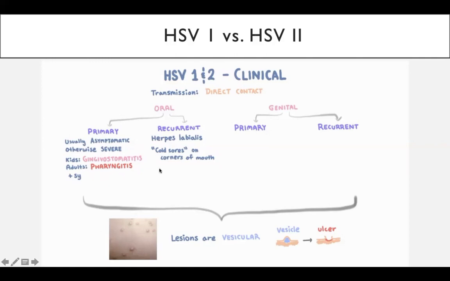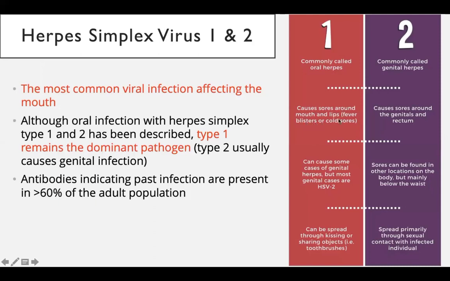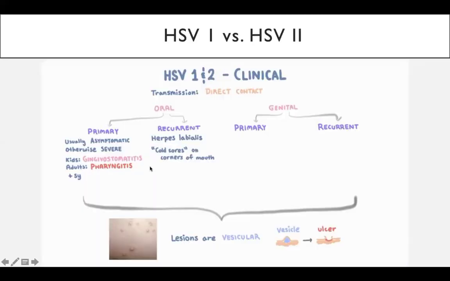It causes pharyngitis. Whereas recurrent infections in the oral cavity are known as herpes labialis, also known as cold sores. Remember these cold sores, fever blisters, on the corners of the mouth. If one day your friend says, "Oh, I have a blister here, I think some insect bit me," and it looks like a rash towards the labial area, maybe he has fever, "Oh, I had fever 2 days ago."